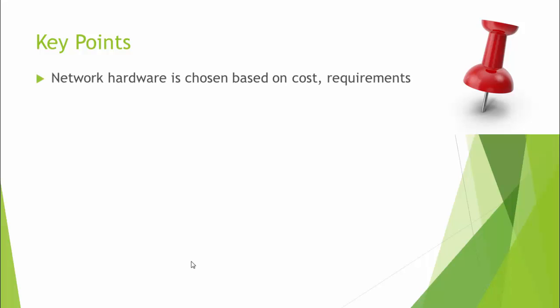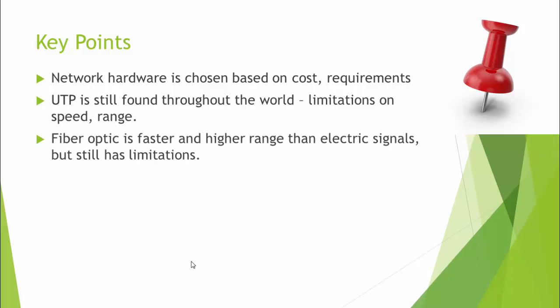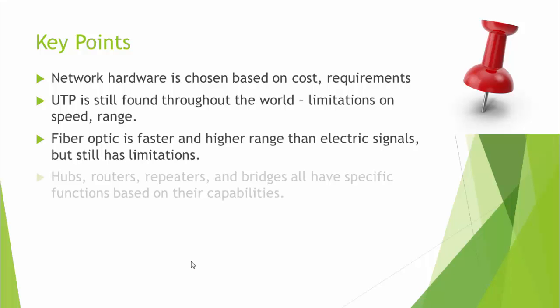Okay, so for key points today, network hardware gets chosen based on cost and user requirements. Unshielded twisted pair cable, Ethernet cable, is still found throughout the world, despite its limitations in speed and range. Fiber optic is faster and has higher range than electrical signals, but still has its own limitations.